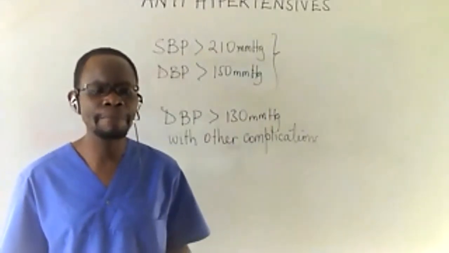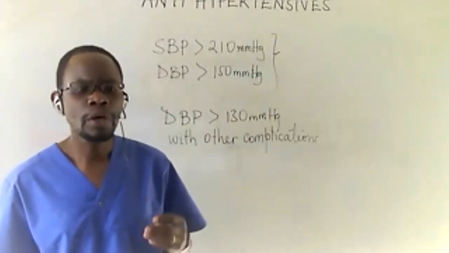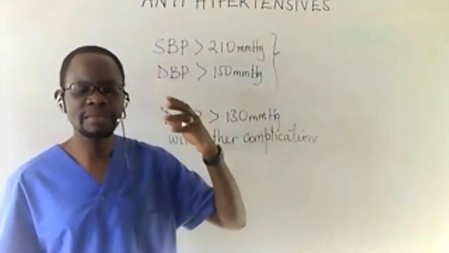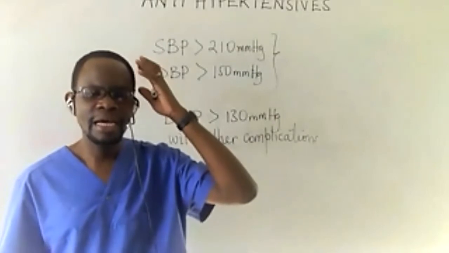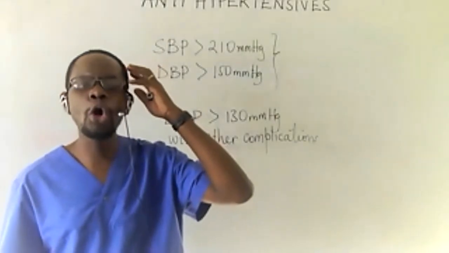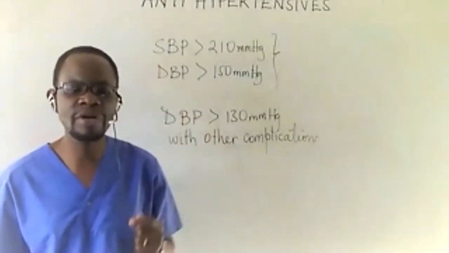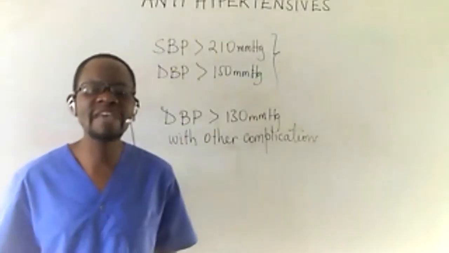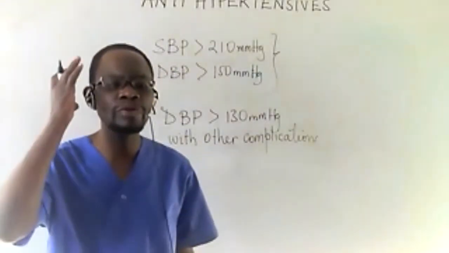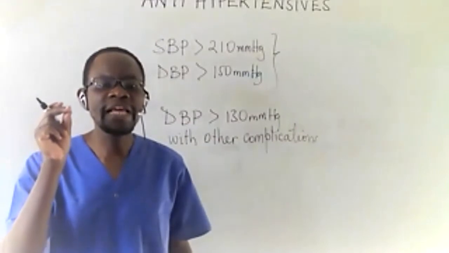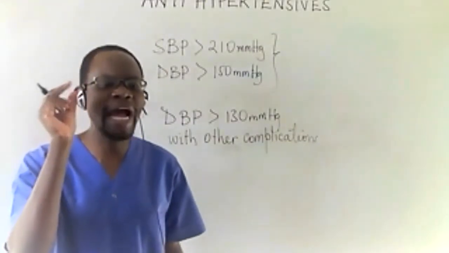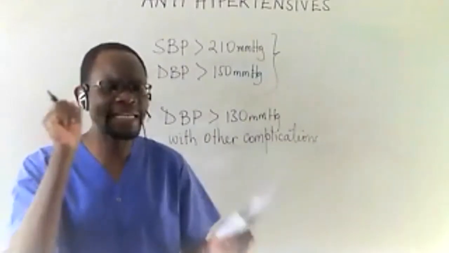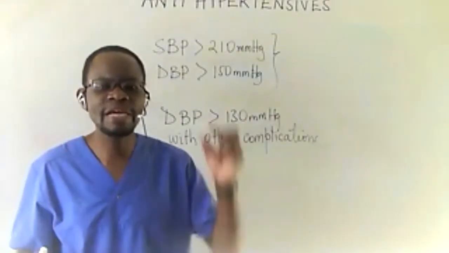We do not drastically drop the blood pressure. Why? The reason is that when blood pressure increases, there is what we call auto-regulation within the central nervous system. So when blood pressure increases, the blood vessels tend to narrow to prevent too much pressure.